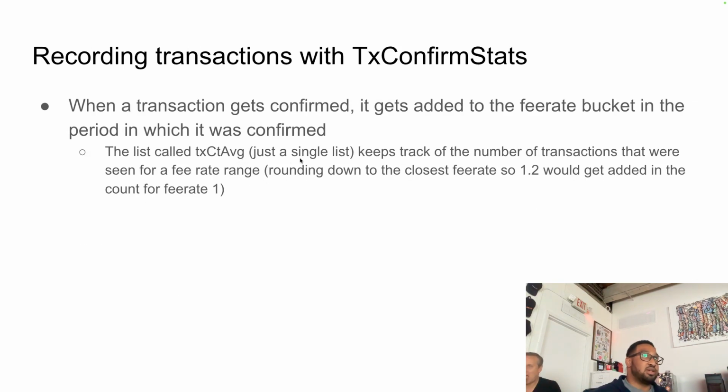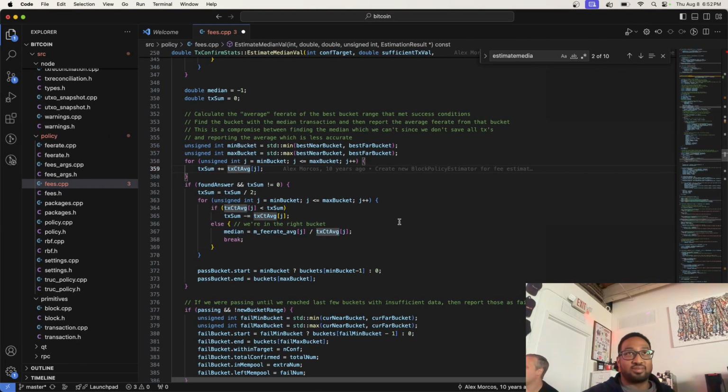Yeah, so this is just a single list that keeps track of transactions within a given fee range, not caring about how long that transaction took to get into a block. So this is just the total number of transactions that it saw at a certain fee rate. And now we have the transaction count average, and you do this computation.